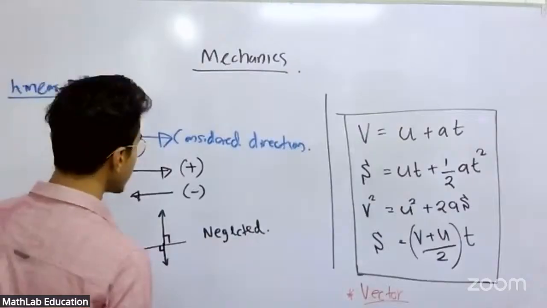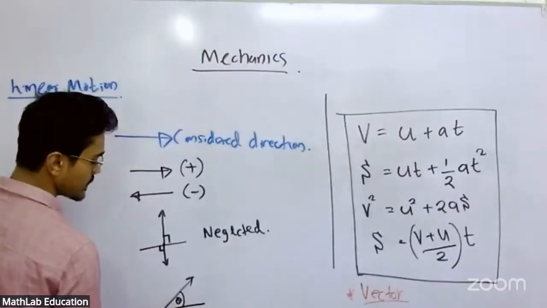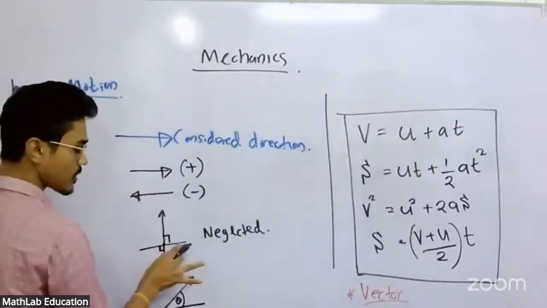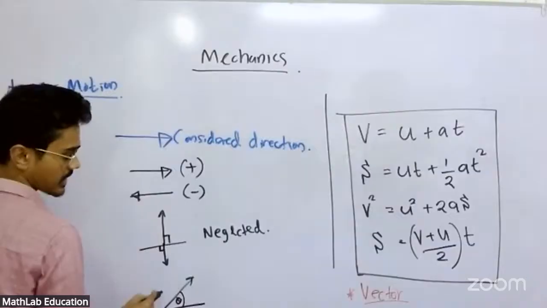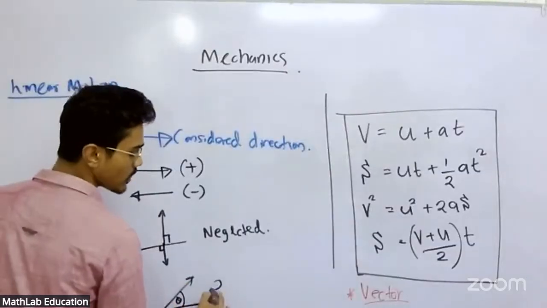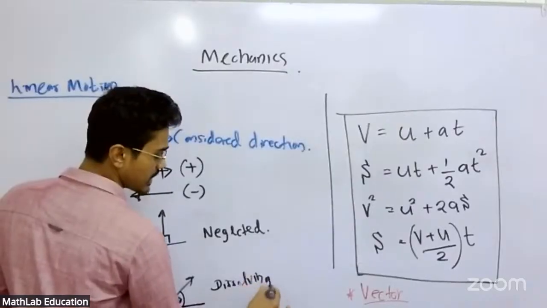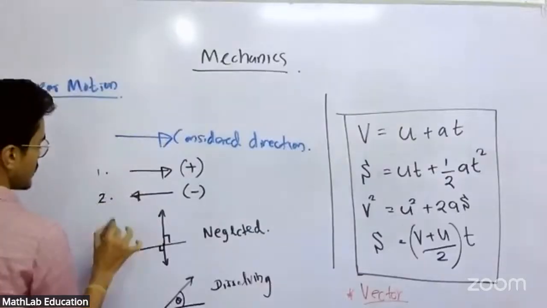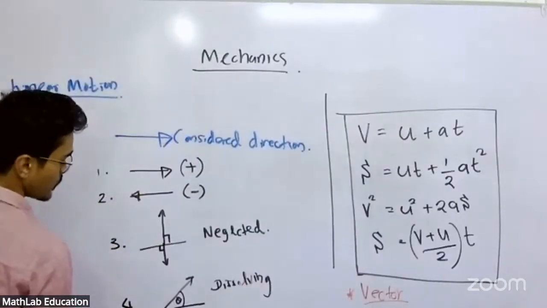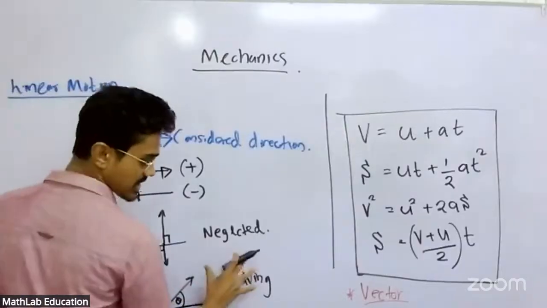If we have inclined vectors, not perpendicular and not parallel, they have to be dissolved. This dissolving is not going to be involved here in linear motion, but since I need to remind you about all vector laws, I'm recalling this here.